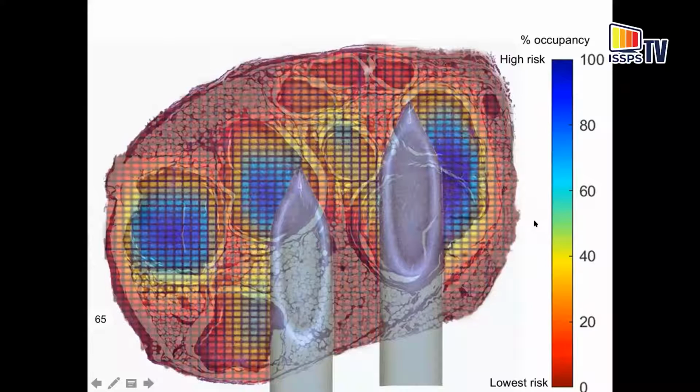Dark blue is a full occupation and a high risk. There is a color bar with the correlation of occupancy percentage for each image. This allows us to quickly identify the most sensitive places at risk of injury by intrafascicular injection in a nerve.